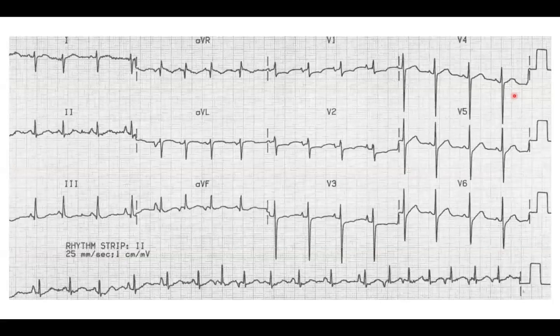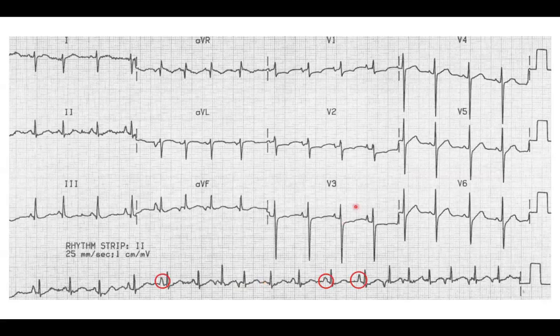Okay, taking a look at this EKG, as we look at the rhythm strip at the bottom, it initially looks somewhat regular, but looking a little closer, this rhythm is tachycardic but actually irregular. When trying to find the P waves, you see what looks like P waves before each QRS, but they look different from one another.